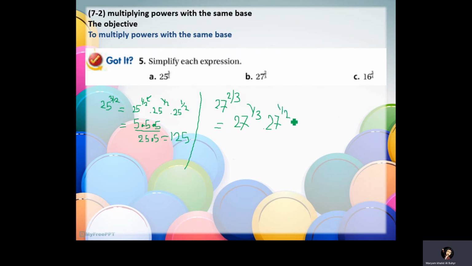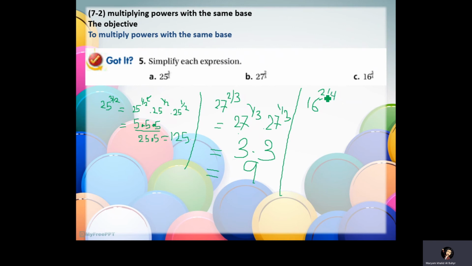I will repeat it 2 times according to the denominator. Now I will use my denominator. What is the number that when I multiply it by itself 3 times gives 27? We did it a few minutes ago, which is 3. So 3 times 3 is 9. The last one, we have 16 to the power 3 over 4.